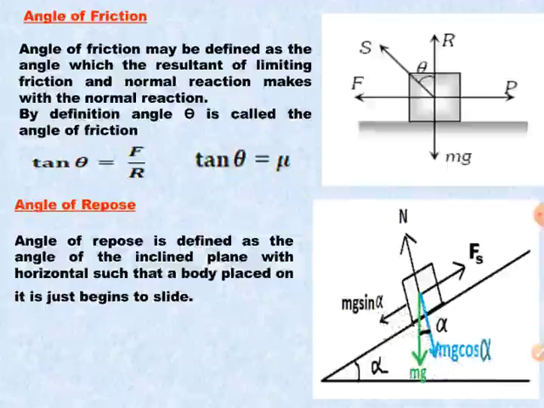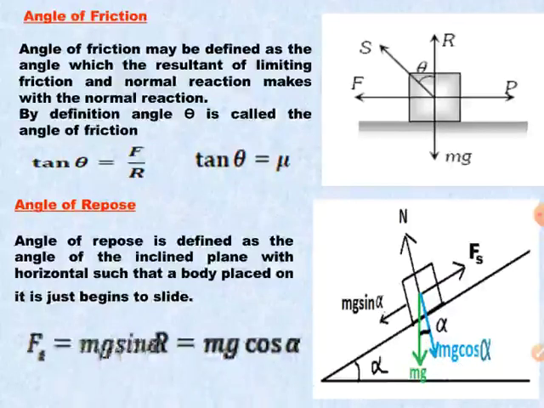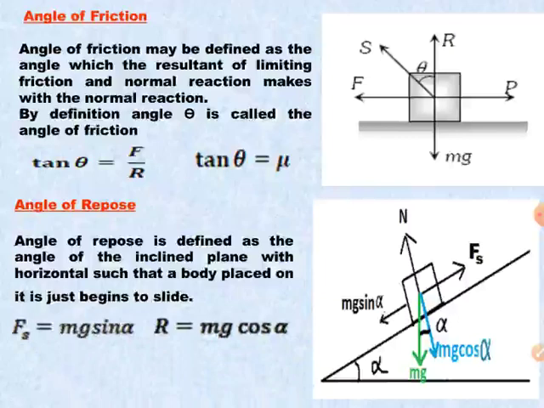This is the same as what was done in the case of the angle of friction. Now you see that these two are equal and opposite, and these two are equal and opposite, right?